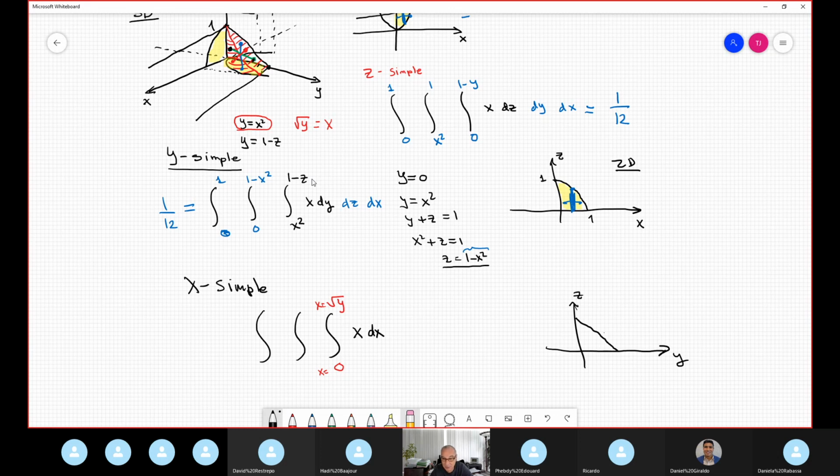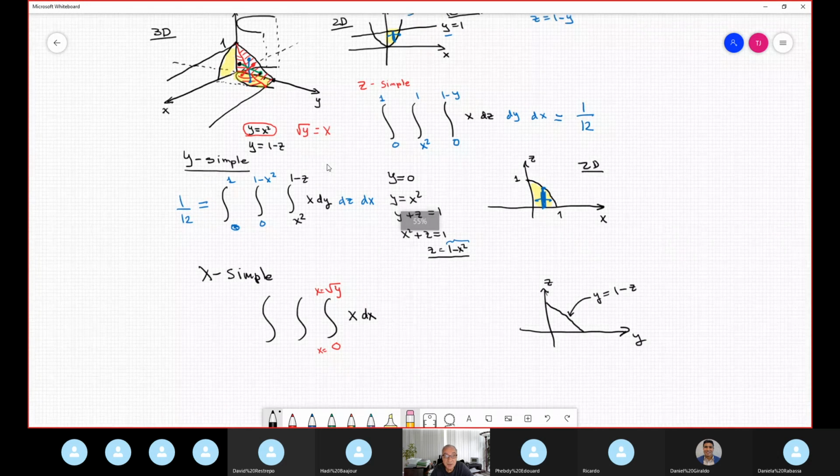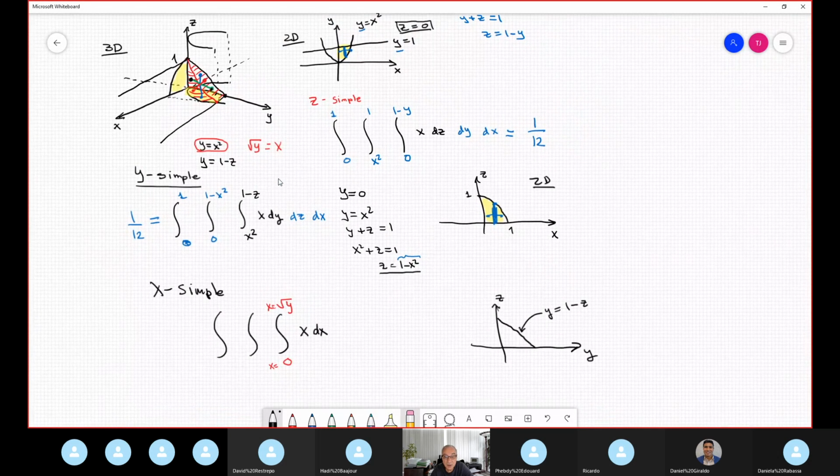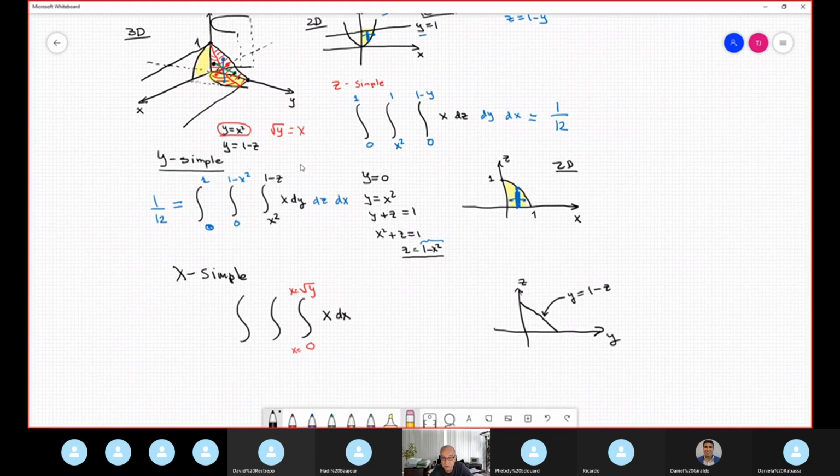By the way, the equation for this line is y equals 1 minus z, the equation for the plane. Remember, in the plane the x variable does not participate. Therefore, you see in the 2D picture exactly the same. So this is a piece of cake.